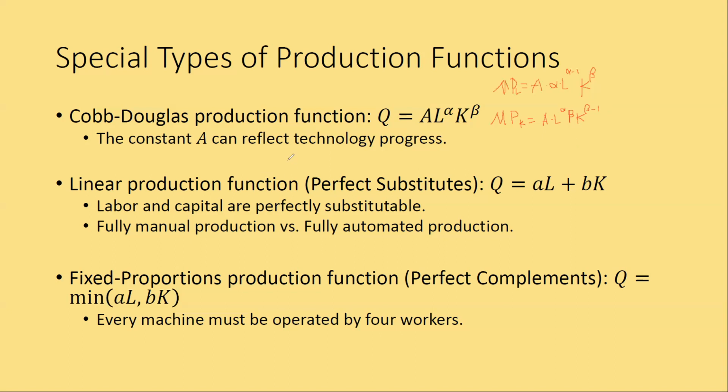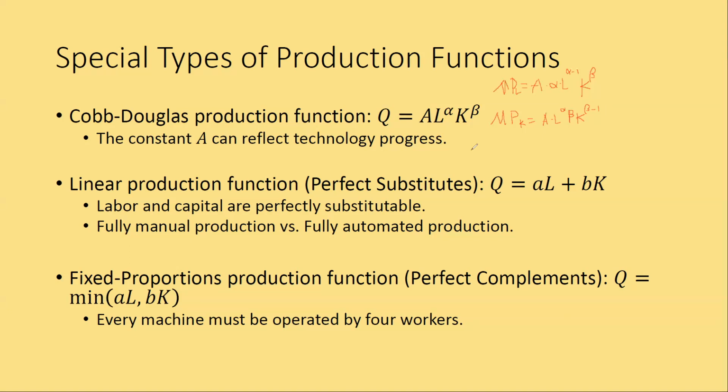The second one is a linear production function or perfect substitutes. So in this production function, labor and capital can be perfectly substituted by each other. We can think of this as, for example, the production process can be either fully manual or fully automated.